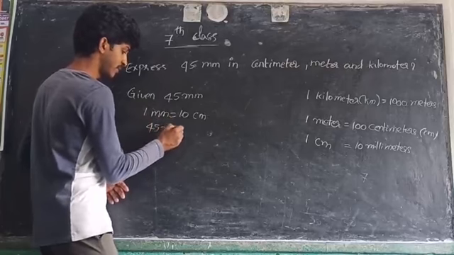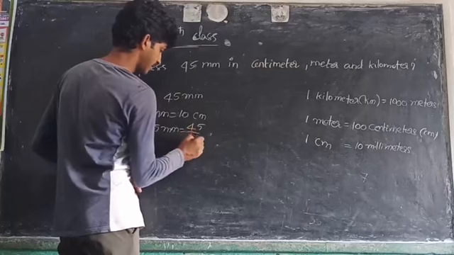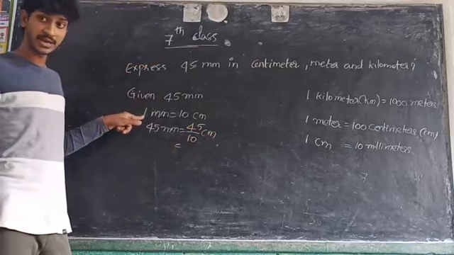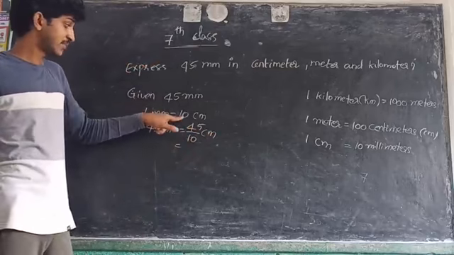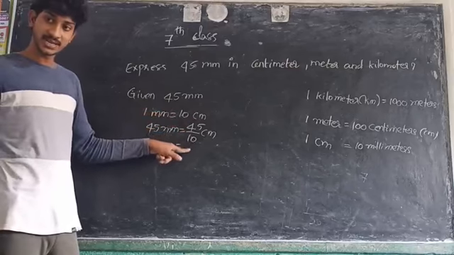So 45 millimeters is equal to 45 by 10 centimeters.